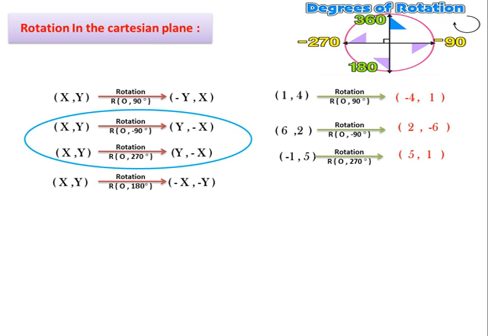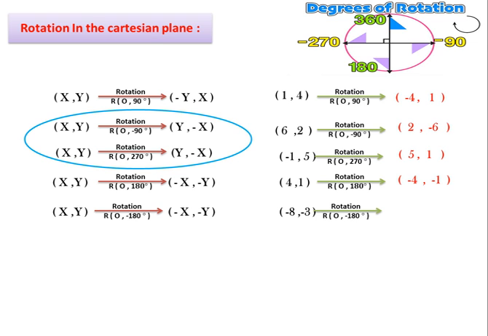Next rule: if we have the point (x, y) and we make a rotation about the origin point by 180, we get (negative x, negative y). For example, (4, 1) rotated about the origin by 180 gives (negative 4, negative 1). If we rotate about the origin by negative 180, we also get (negative x, negative y).